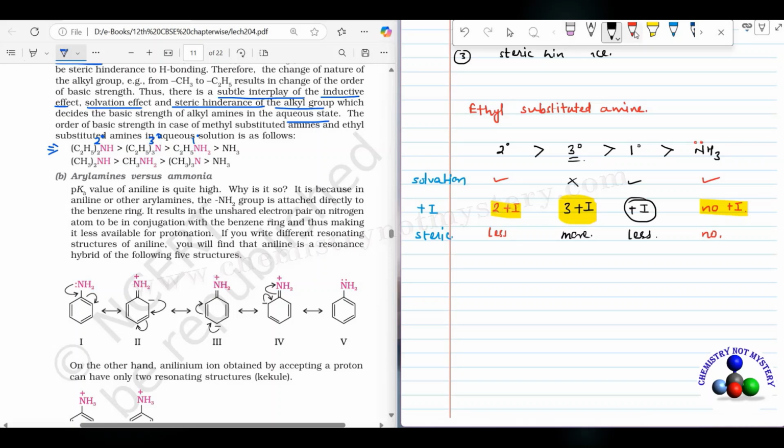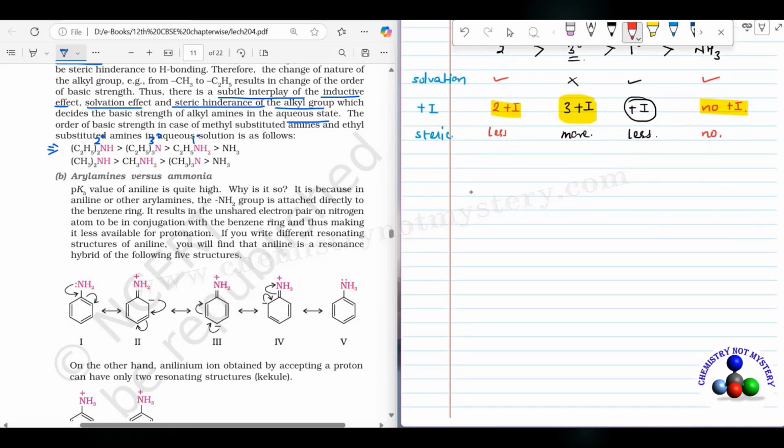Now let's compare the basic strength of methyl substituted amines. So let's write down the methyl substituted amine. Here we are discussing the basic strength. Now let's copy down the basic strength for methyl substituted amine as it is given here.